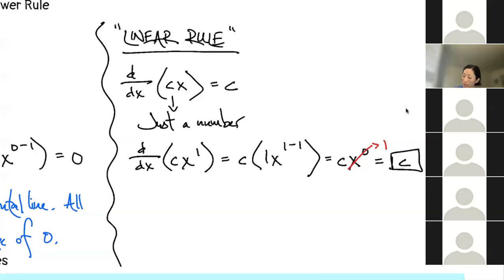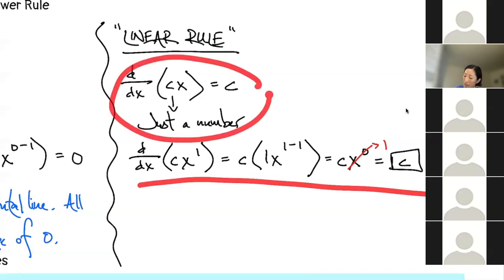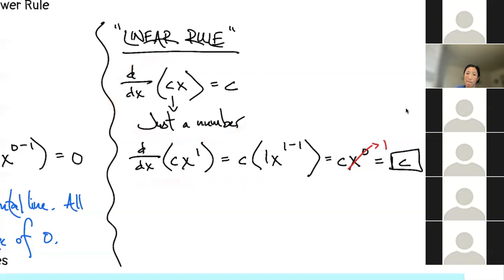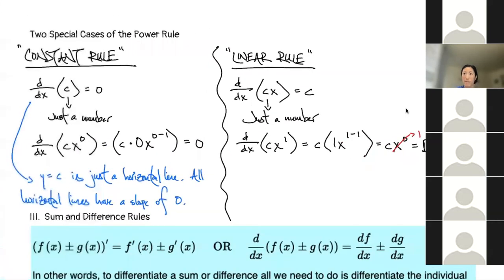So we could use the power rule. It's not that we can't use the power rule. It's just that this happens so often that we sometimes give it its own rule. But that's why we get just a slope or a derivative of C. But let's think about it as a graph.